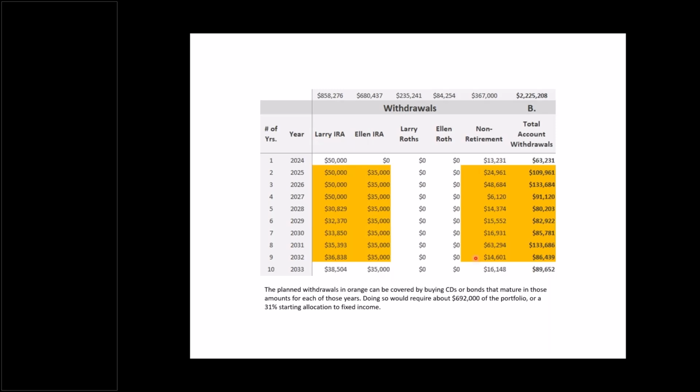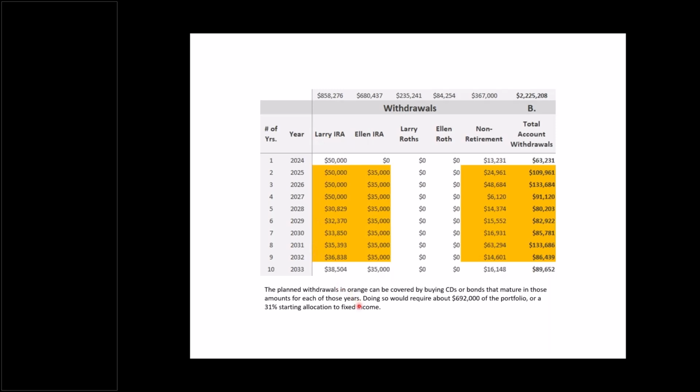Now, if we were to buy bonds or CDs, fixed, stable types of investments that are going to mature each year to meet these cash flows, then that would take up about $692,000 of their $2.2 million portfolio. Or it would result in about a 31% starting allocation to fixed income.